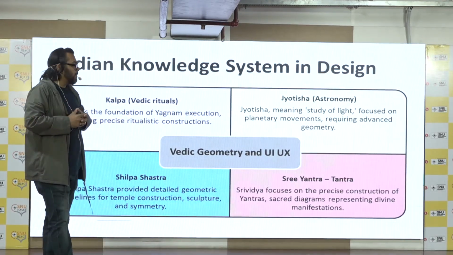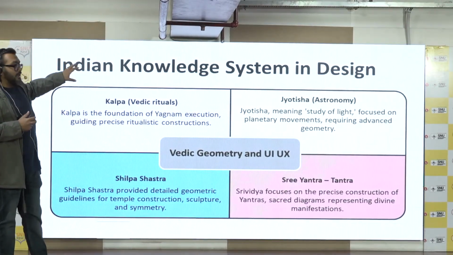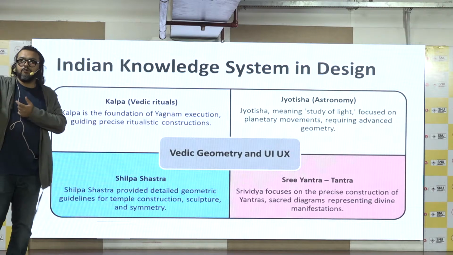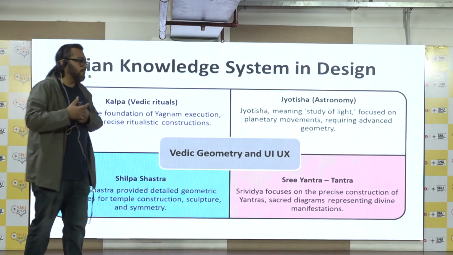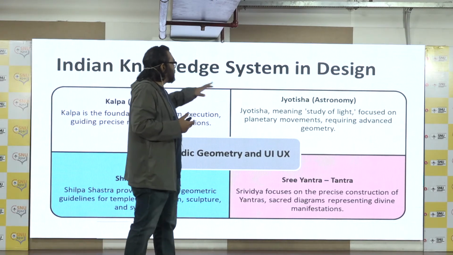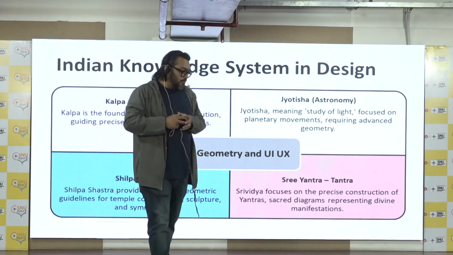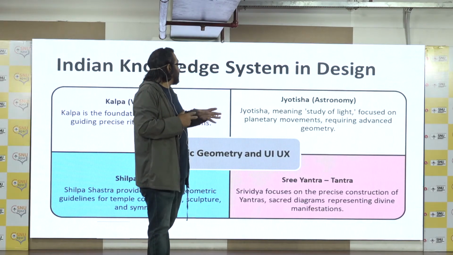But based on kalpa, we can understand how they measured. And mind you, this is way before Pythagoras, way before the entire geometry system that we see today in the modern Greek geometry system.